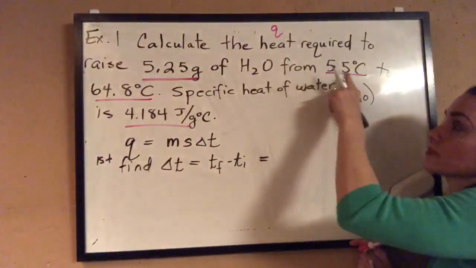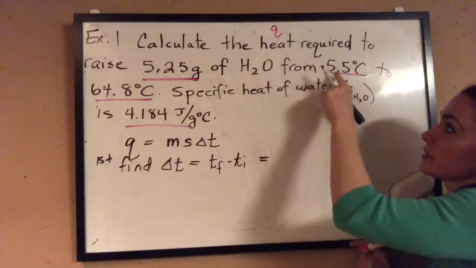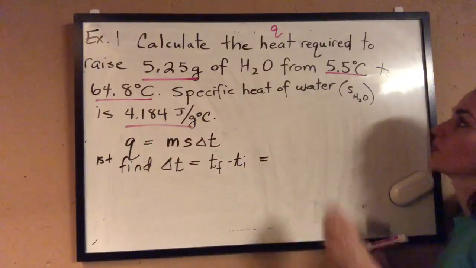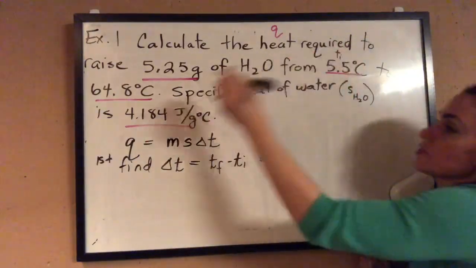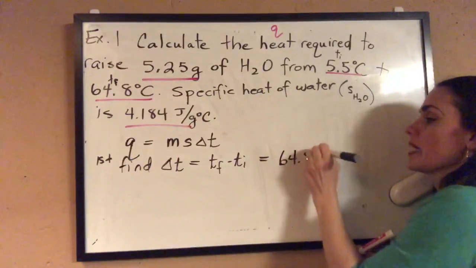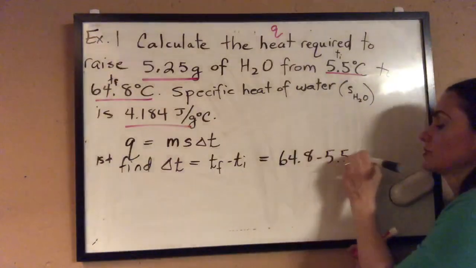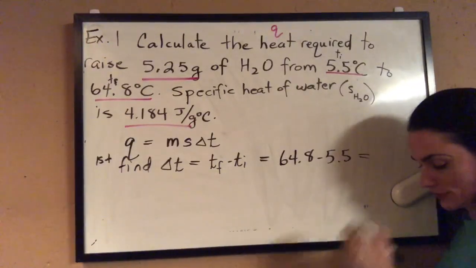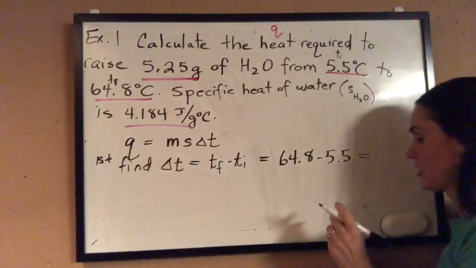Pay attention to the words from and to. So we're starting from 5.5, going to 64.8. This is your initial, this is your final. So 64.8 minus 5.5 gives us a difference of 59.3.